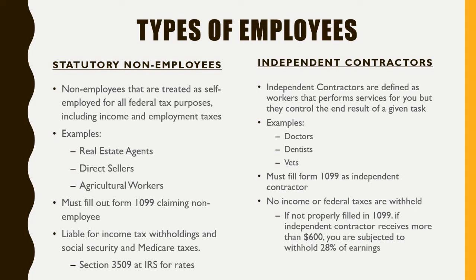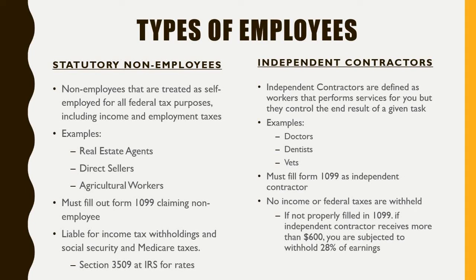They also have to file a 1099 form as an independent contractor. And they are not required to pay into federal taxes through the company because they are responsible for filing it for themselves.